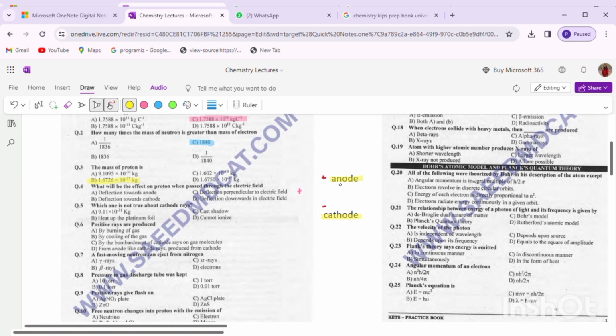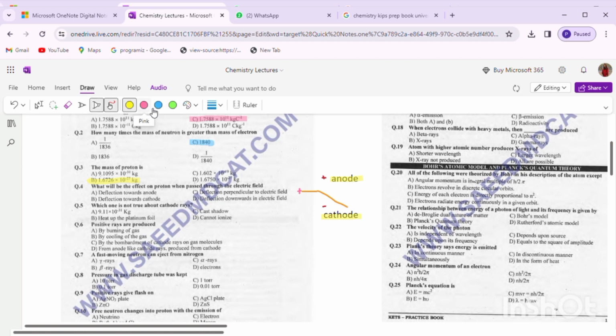If it went to the anode, there would be repulsion. So this positive charge must deflect towards the cathode, which means it will be deflected towards the cathode. So deflection towards the cathode, B, is the correct option.